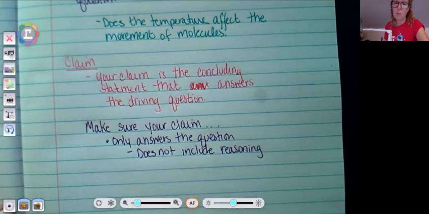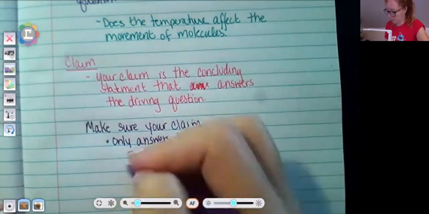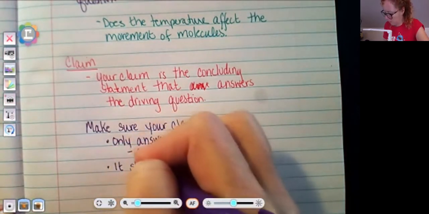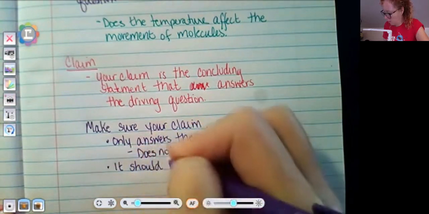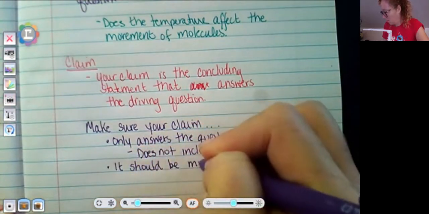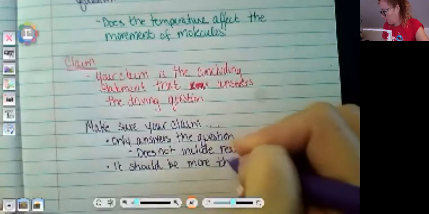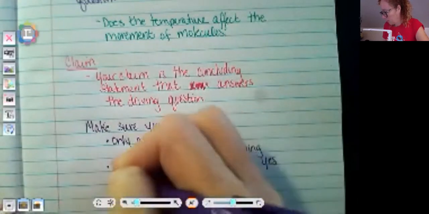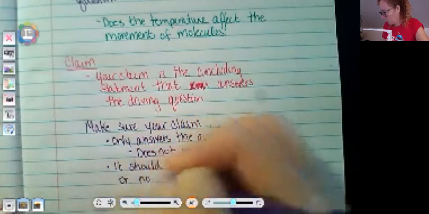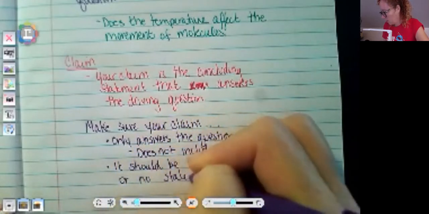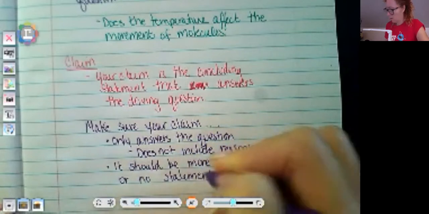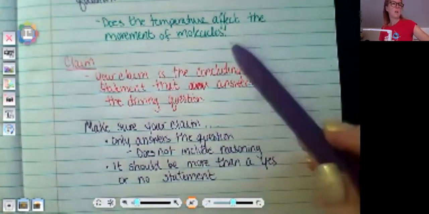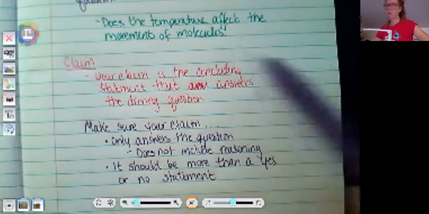It should be more than a yes or no statement. So if you think about, does the temperature affect the movement of molecules?